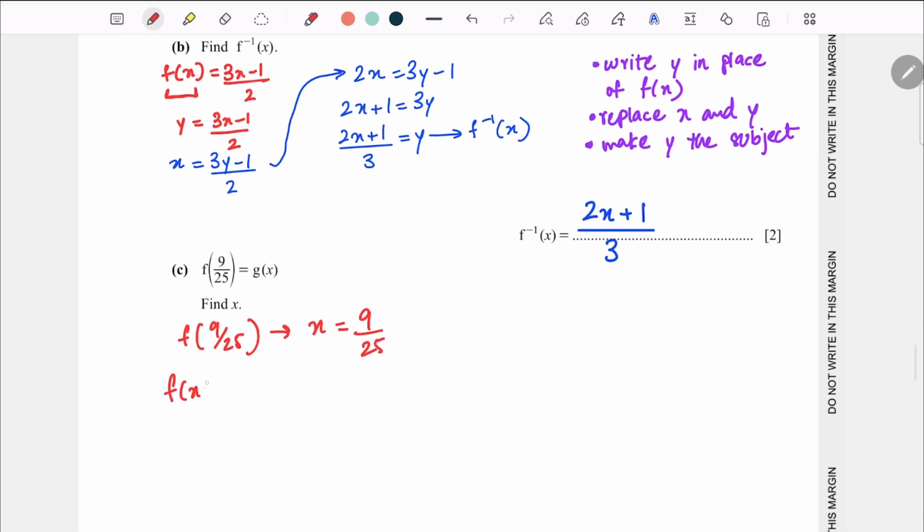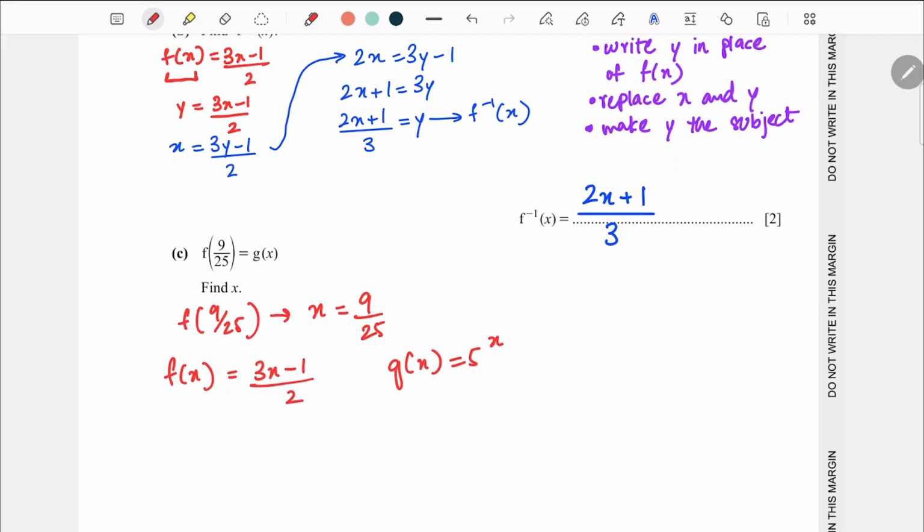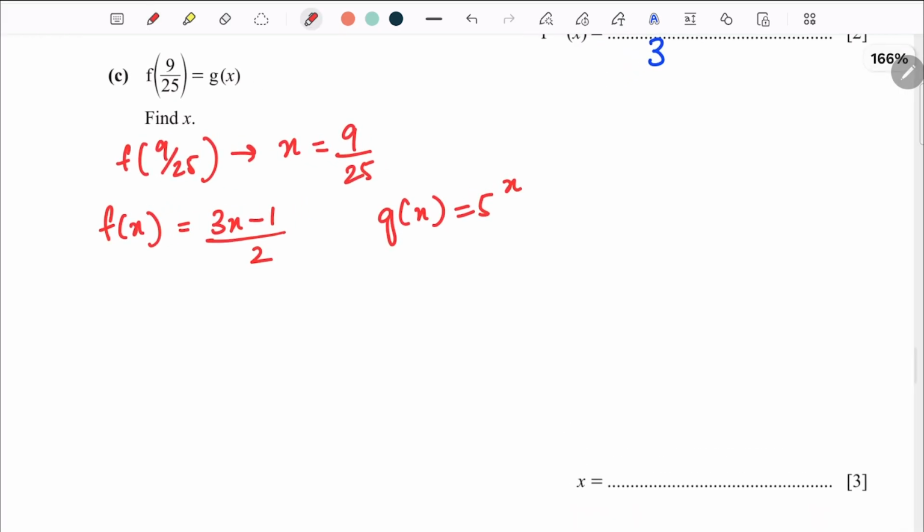If I substitute this value of x into this equation, I'll be getting 3 bracket 9 over 25 minus 1 divided by 2, and this is going to be equal to gx, that is 5 to the power x, because that is what's written in the question.